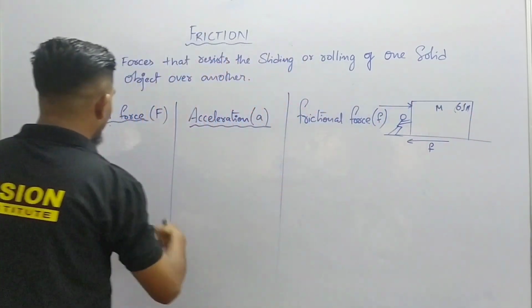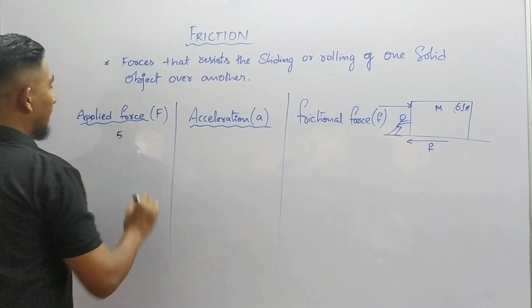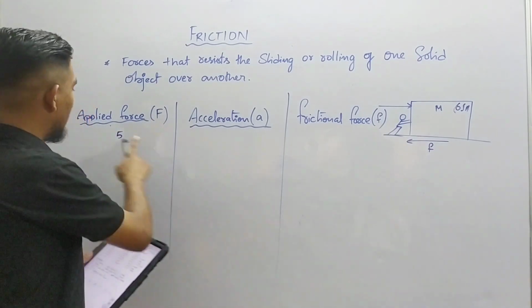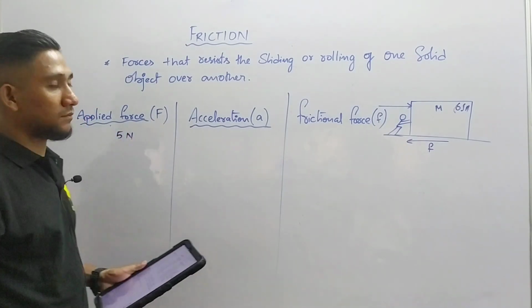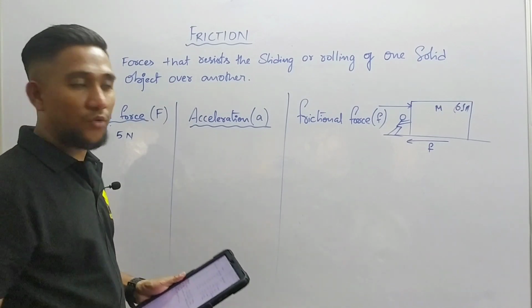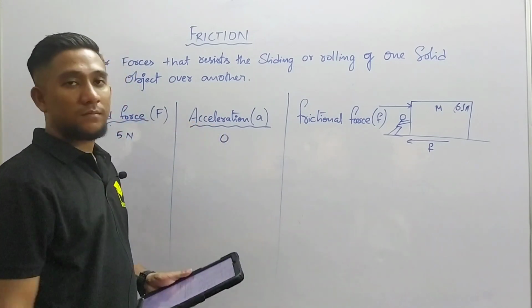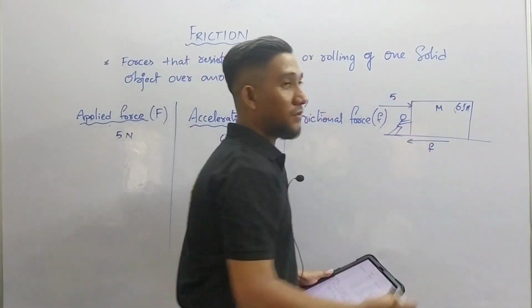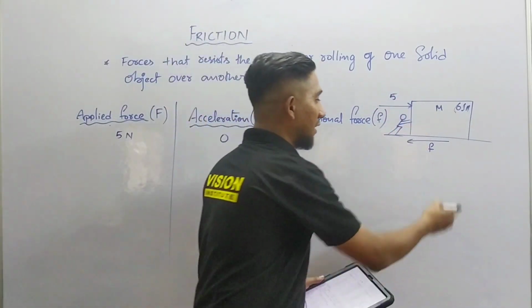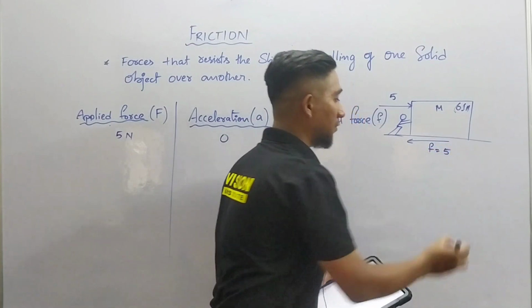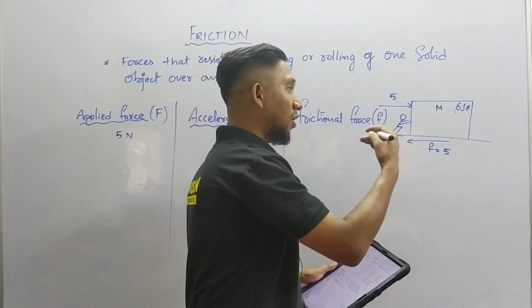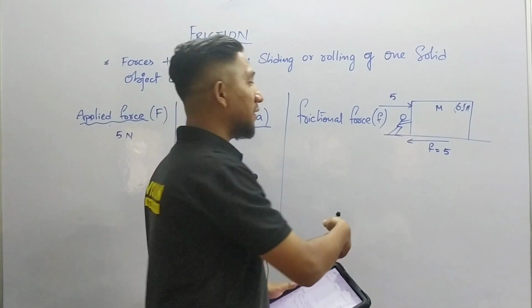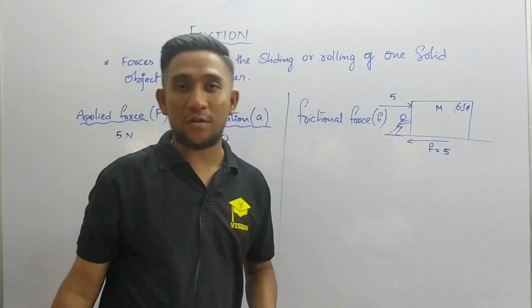So let's see, if this person applies a force of 5 Newton, then the block will not move. Similarly, the ground is applying a frictional force of 5 Newton, but in the opposite direction, and this may be the reason why the block is not moving.